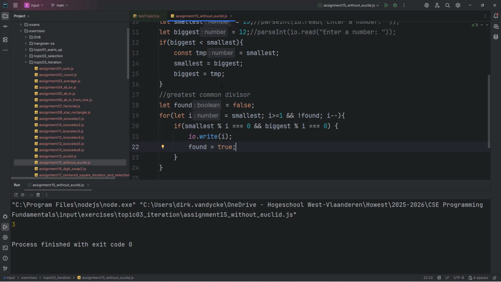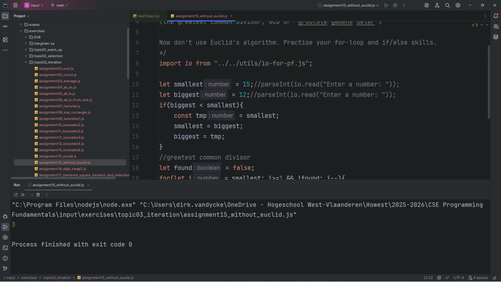Now let's see how you can speed up programs. Let's come up with some good ideas. Let's up the ante and let's have some big numbers here. So let's do something like this.